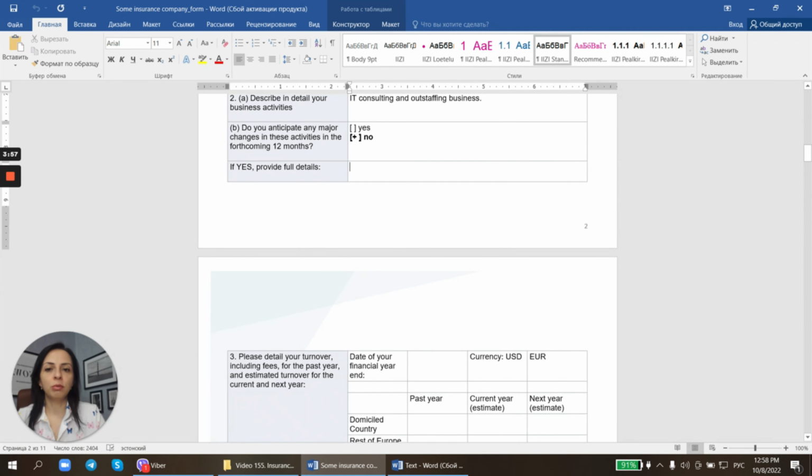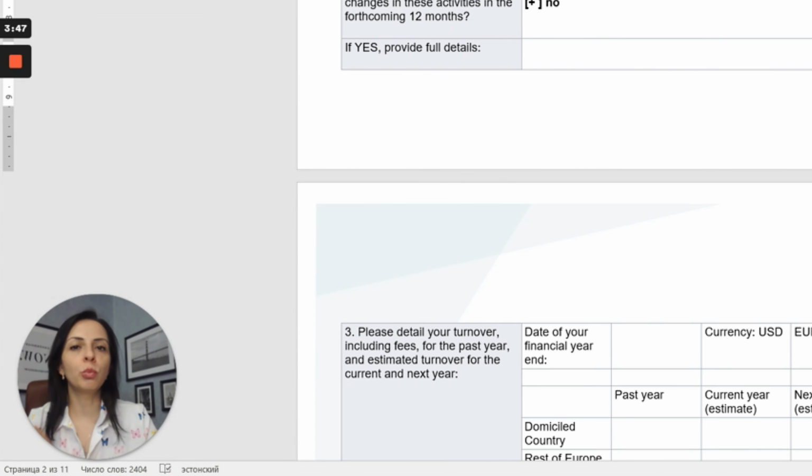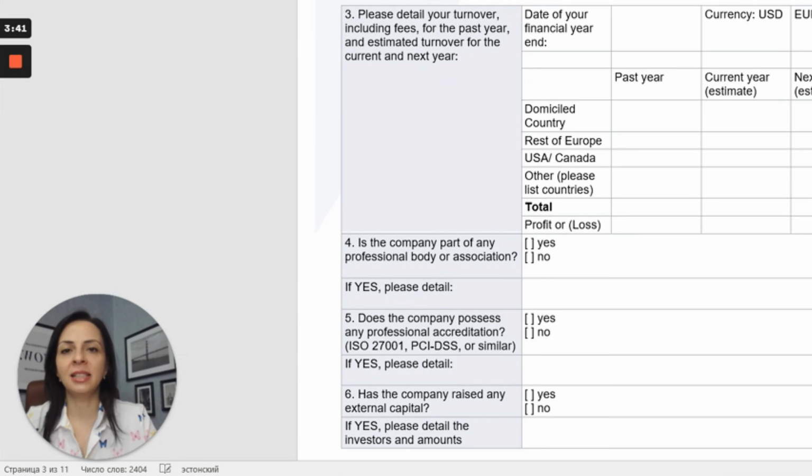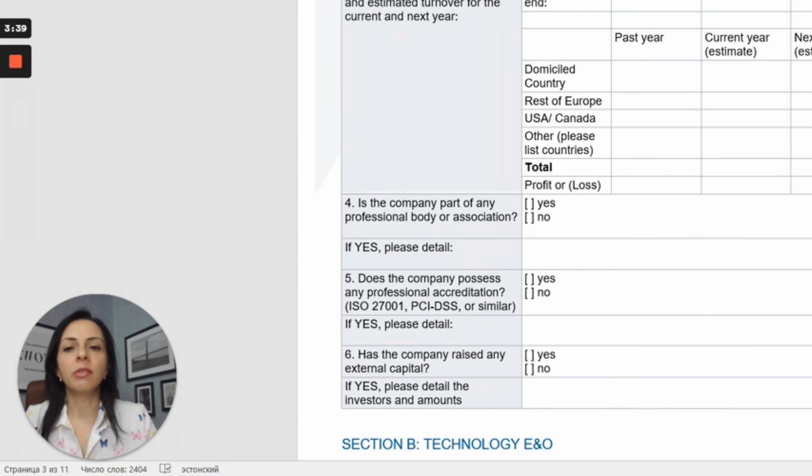If yes, provide full details. Of course, you can provide details. For example, we are planning to attract more investments or more clients, and that is a good thing. So be careful about what you write here. Don't pour your heart and soul into this questionnaire. And of course, don't give any details that might result in a rejection.